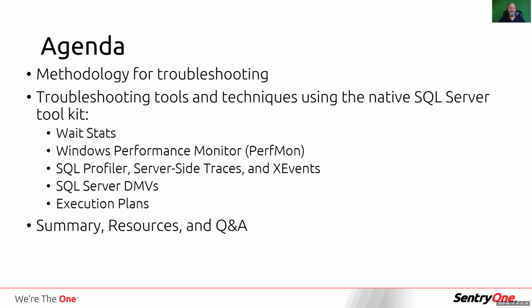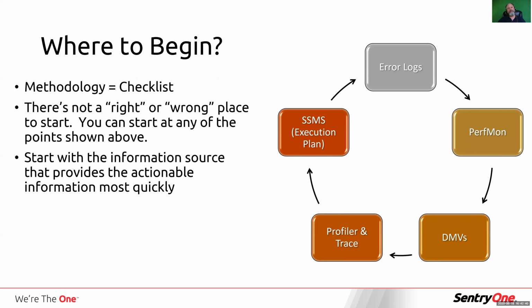Okay. So where should we begin? This is actually one of the most fundamental questions about the troubleshooting approach. It also has a lot to do with why I asked Daniel to talk about X events as well, since this session doesn't have any significant amount of content about X events in it. So there are a lot of different places when we start to work with SQL Server on a trouble resolution situation that we can get information.